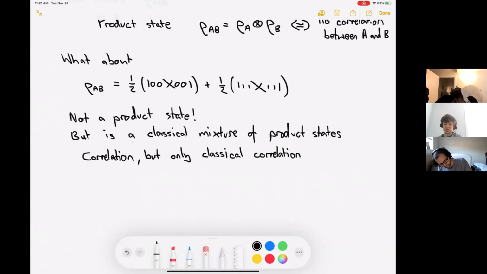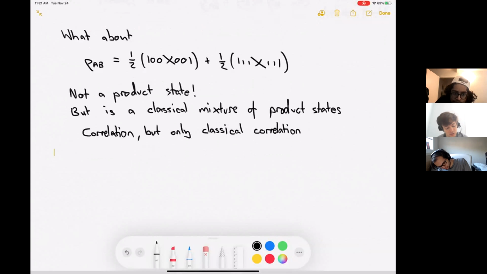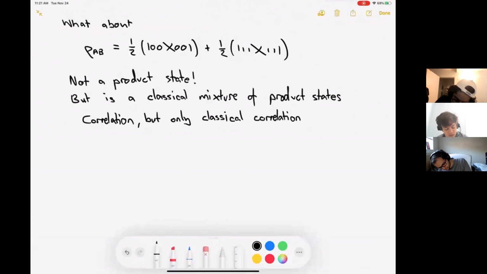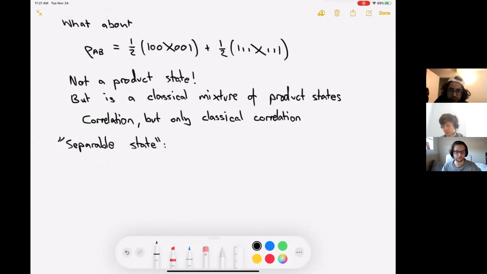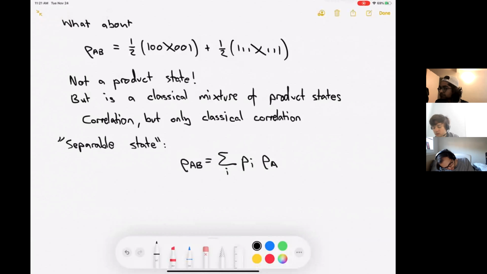So that discussion very naturally leads to a definition, and that definition is of something called a separable state. A separable state, density matrix rho AB, is by definition a probabilistic mixture of product states.